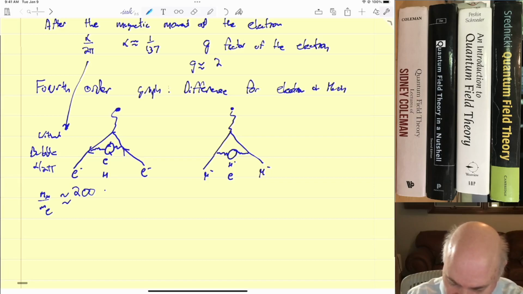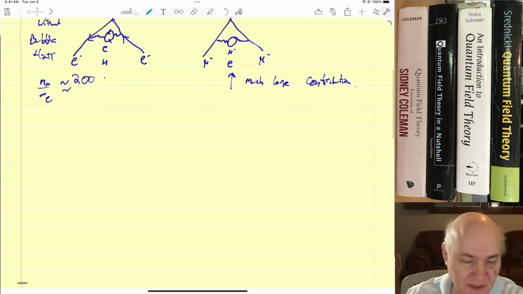So when this is a muon going around here, it's going to be much less effective than this. This is going to be a much larger contribution. So it's simple things like this that Coleman explains so clearly. And that's why I really like the book.